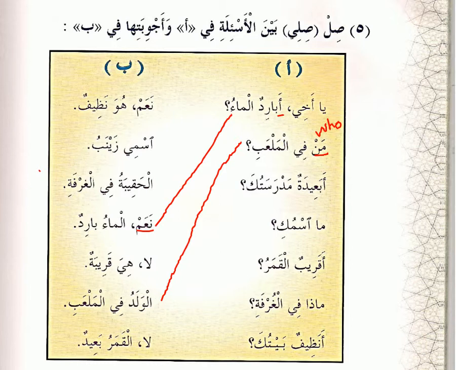Aba'idatun madrasatuk. This time again you have an a question. So already you know that your answer has to be yes or no. And you say column B, number, oh I see, 2 this time. Which one is it?